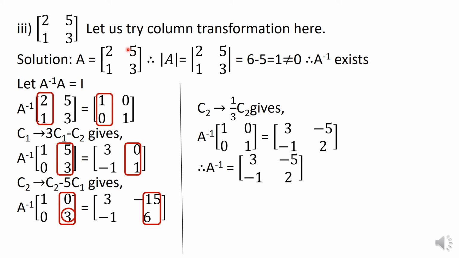That is, this is converted into 1 and then this into 0, this into 1 and again this is converted into 0. So this is the order of going in column transformation. From here, from left to right, right bottom and again come to left bottom. This is the order in which we go during column transformation. We go clockwise from here to here, here to here, here to here, and then that's it.